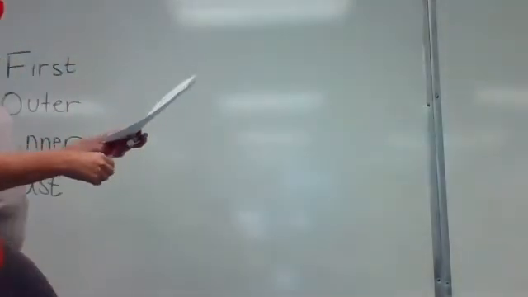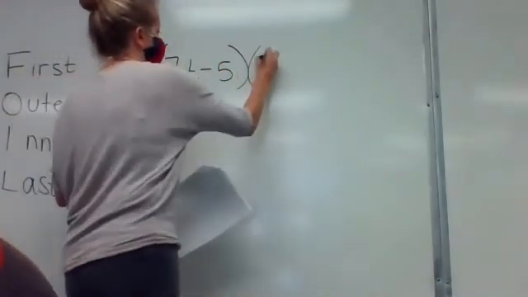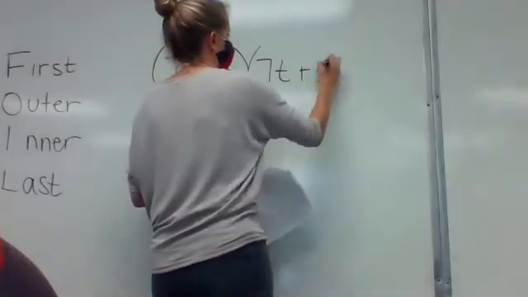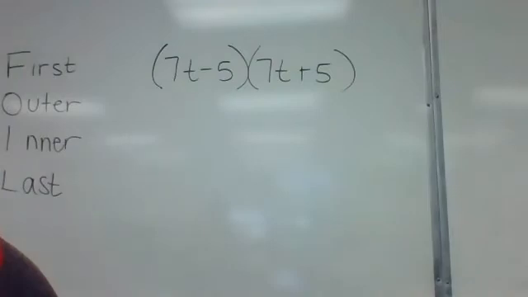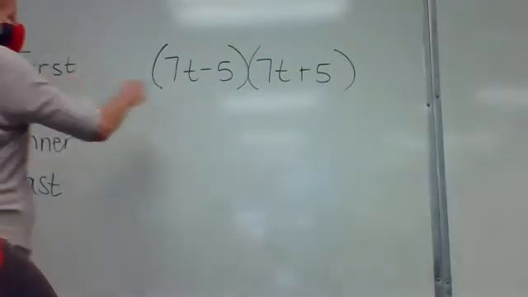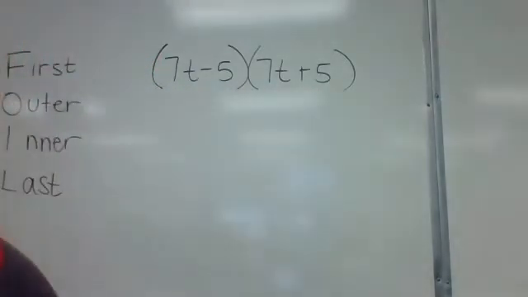Like this, number 9, 7t minus 5 times 7t plus 5. So I have 2 parentheses, right? And I'm multiplying them together, and in each parenthesis, there's 2 terms. That's how I know it's FOIL.